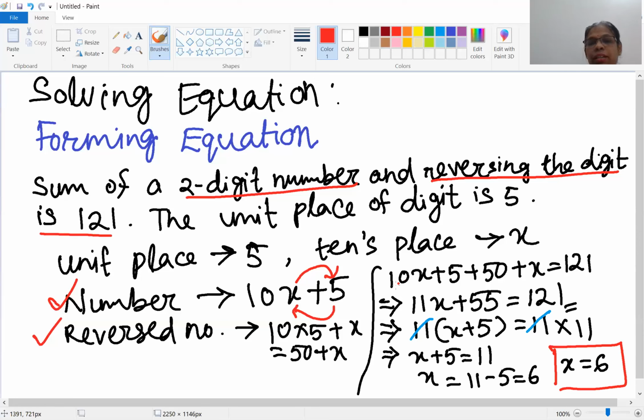By solving this equation, now I have to put the value. I have to find out the value of my two-digit number.